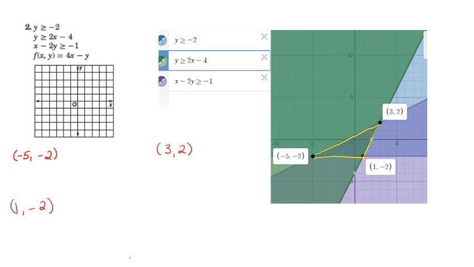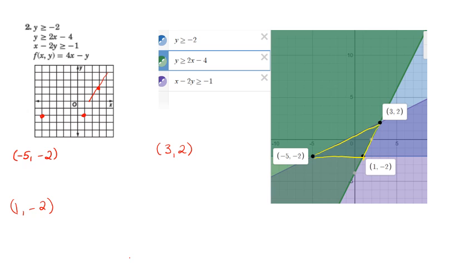Let's copy that graph over here. So (3, 2), (-5, -2), and then (1, -2). Oh, that is not a neat line.